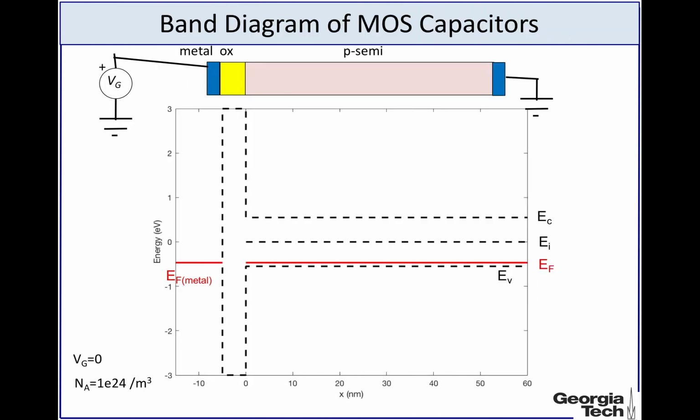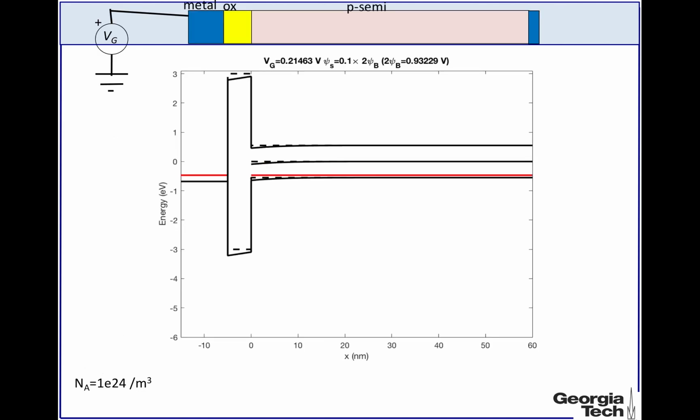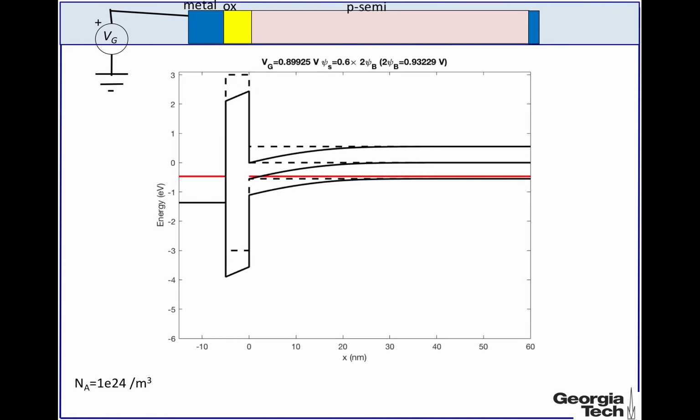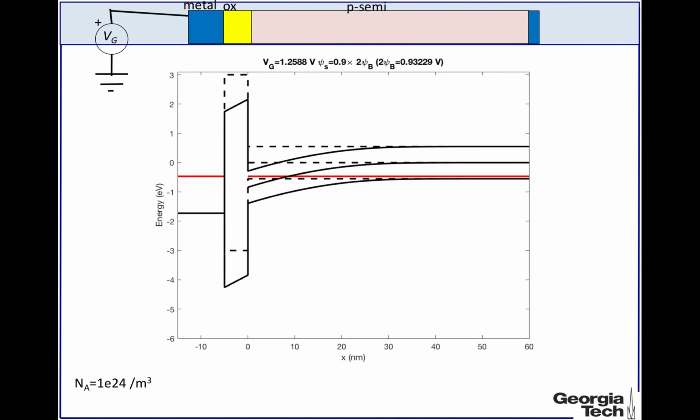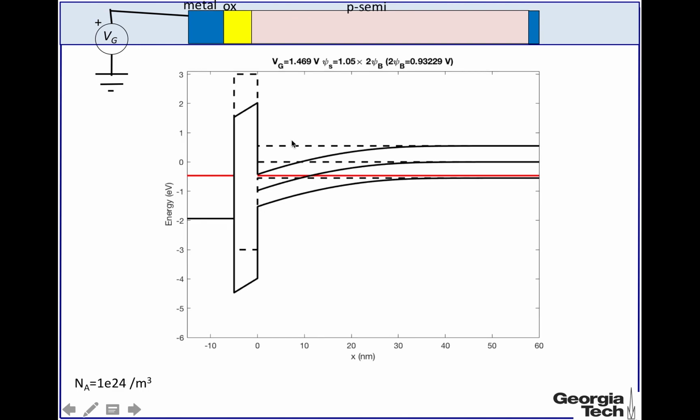Alright, so now let's look at how the band diagram evolves as we increase the voltage. So this band diagram is when the gate voltage is 0. Now if we increase the voltage, we see that the EC and EV all shift, and as we keep on increasing the voltage, the band bending inside the semiconductor also increases.